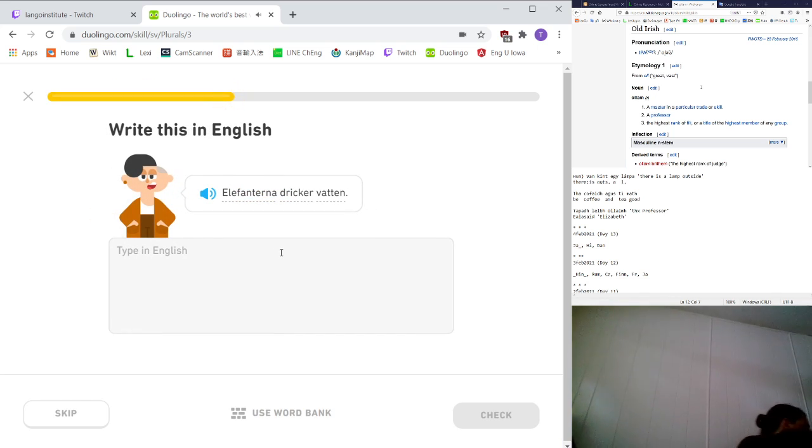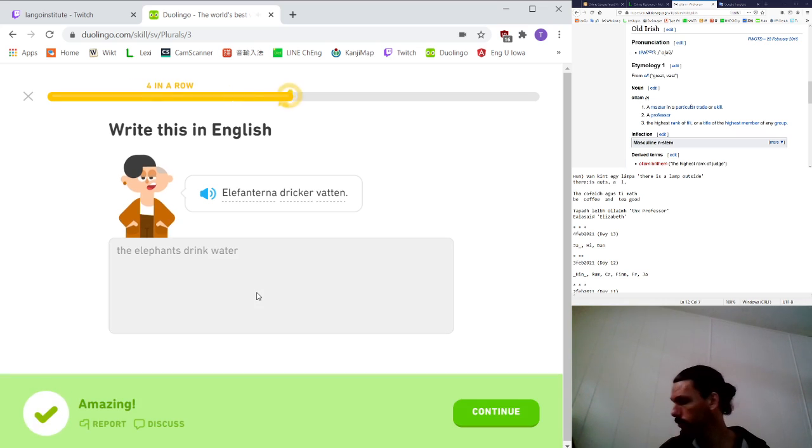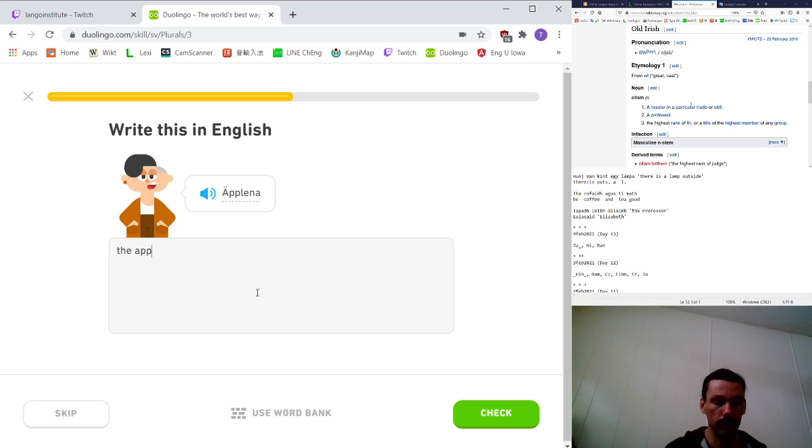Elefanterna dricker vatten. The elephants drink water. Speaking of drinking, äpplena. The apples.